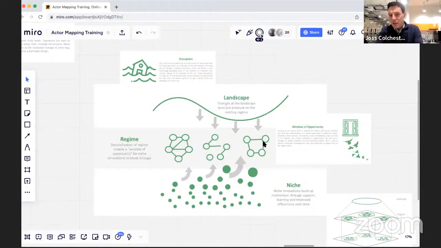Potentially they'll enter in, and if they're successful enough, they will be able to interconnect and interrelate and ultimately form a new system that's better adapted for this new context. And that's essentially the theory of change here.